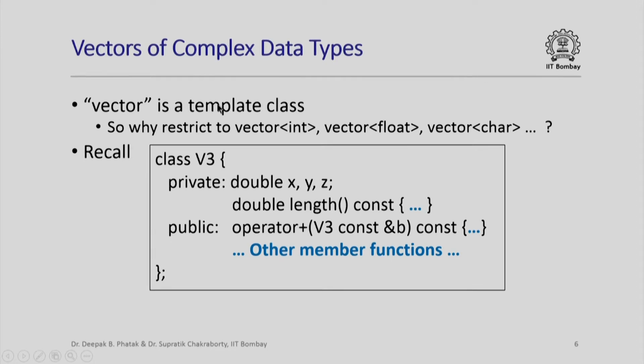Now, if vector is a template class, I should be able to write a declaration like this: vector, where the generic type is instantiated by this user defined class V3, and then I could declare a variable V3 vector, and here I am saying that V3 vector is going to be a vector of size 10, and each element of that vector will be an object of class V3. So, here I am now defining vectors of more complex data types, and this is as simple as doing this because the vector is basically a template class as provided by the C++ standard library.